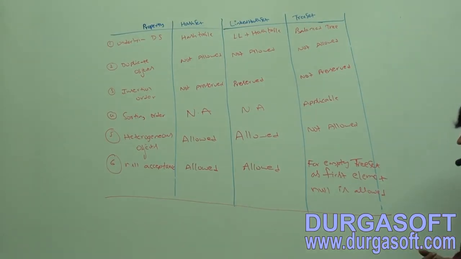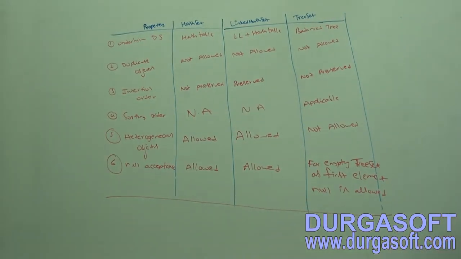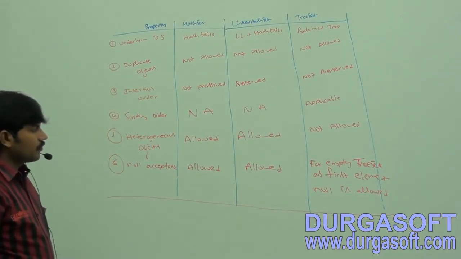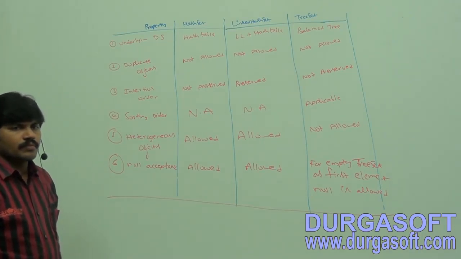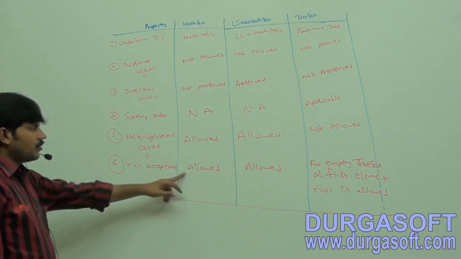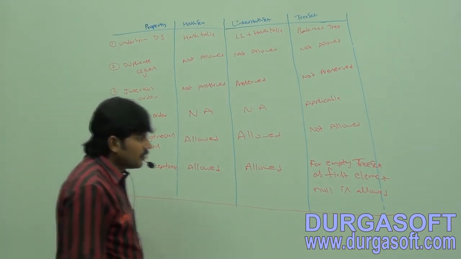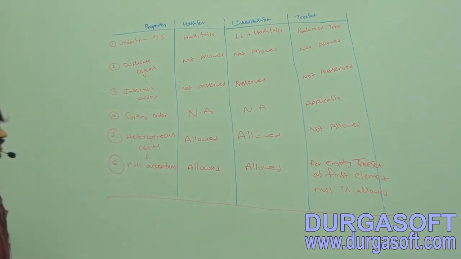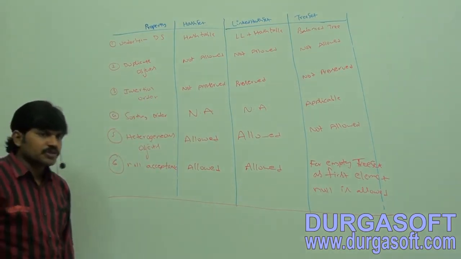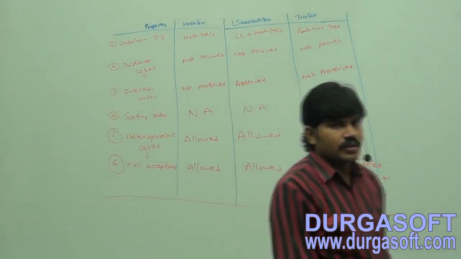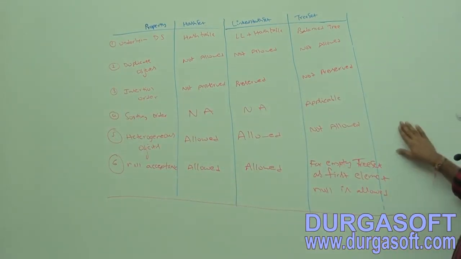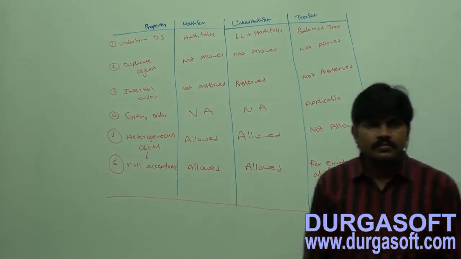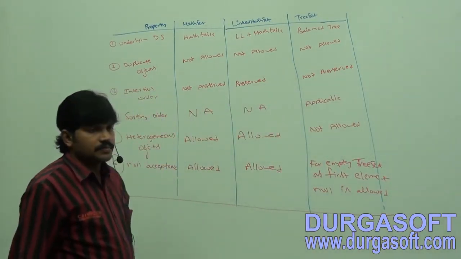Next, null acceptance. Allowed, allowed. Next, for an empty tree set, as the first element, null is allowed.